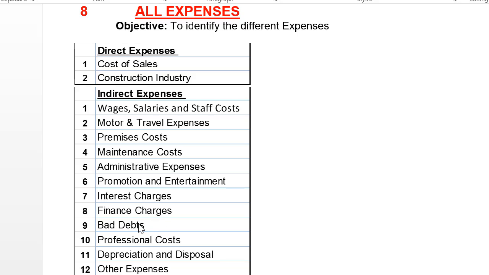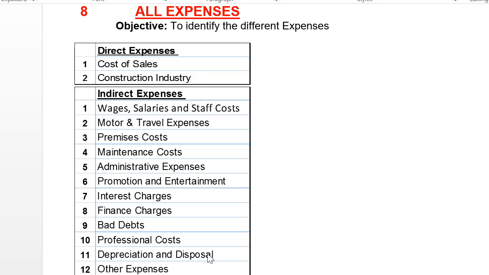Bad debts is money not recovered by the business when it sells on credit. And then professional costs, we're looking at accountants, lawyers, architects.